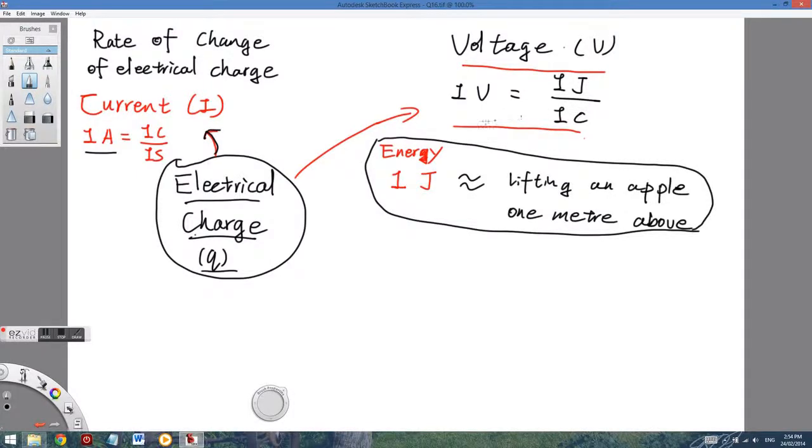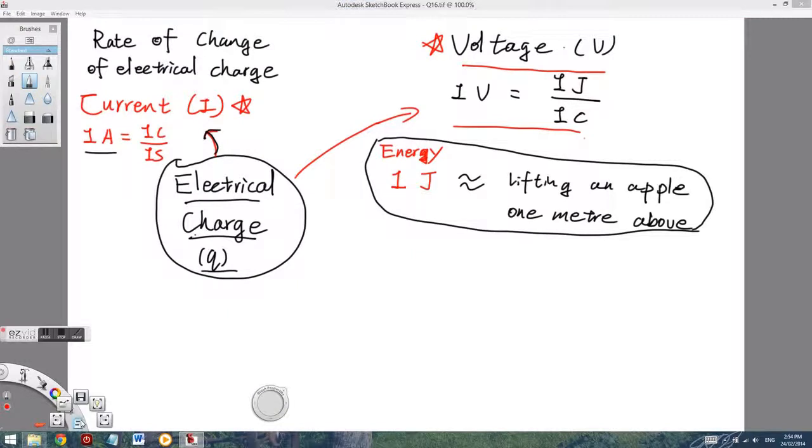Again, we're not talking about electrons. Also remember, in this chapter on electricity, we are always going to use current and voltage, so get familiar with them and what they mean.